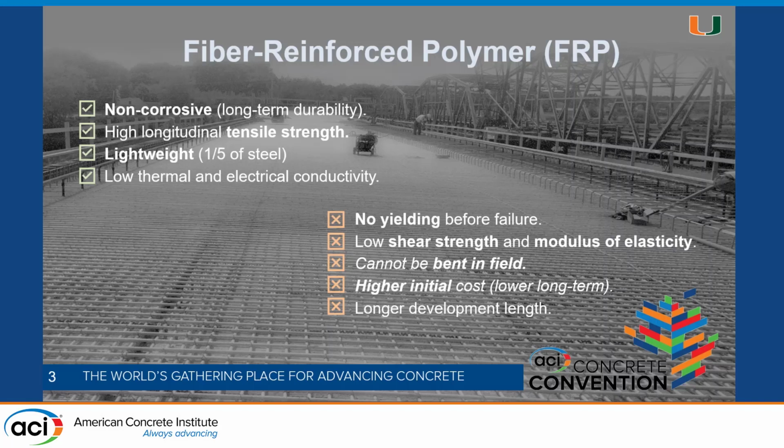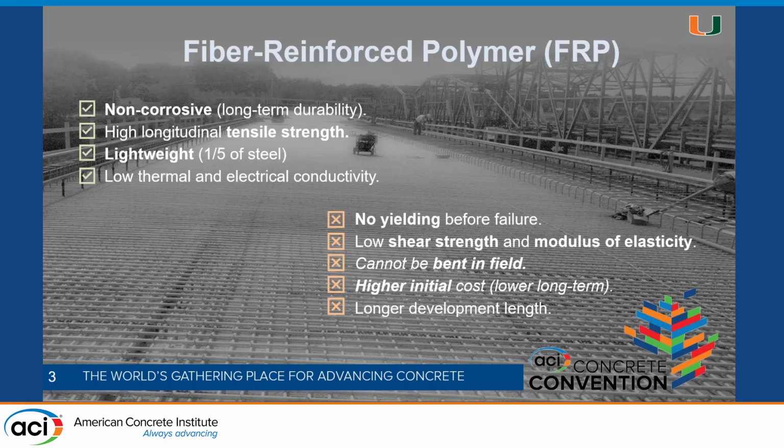It cannot be bent in the field and has a higher initial cost. I put this in italics because it's not always true. Bending in the field, right now we also have thermoplastic resin that can allow bending in the field, and the cost depends on the market. Last year we had GFRP bars that were almost the same price as steel bars, so of course it depends on a specific project. If you have a big project and you discuss with the manufacturer, you could get good prices.